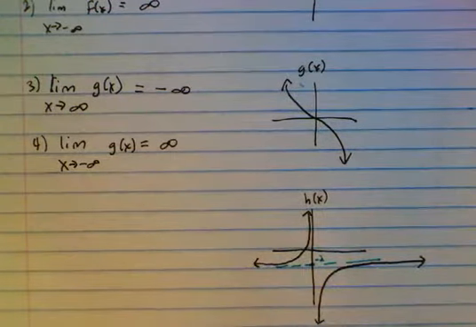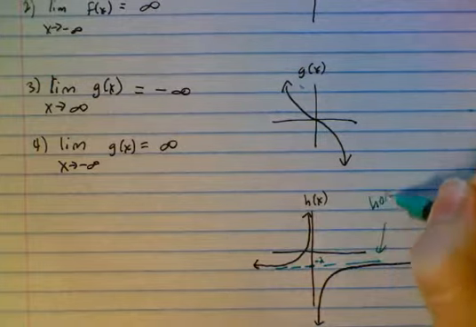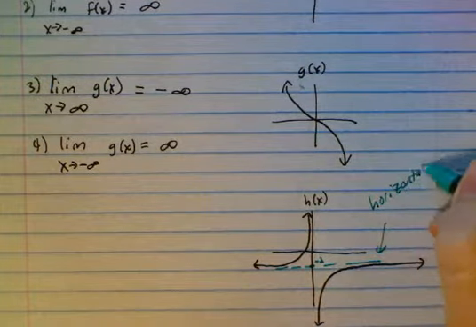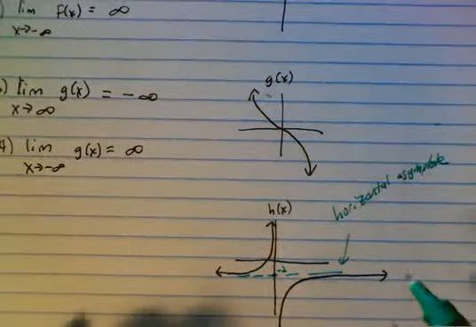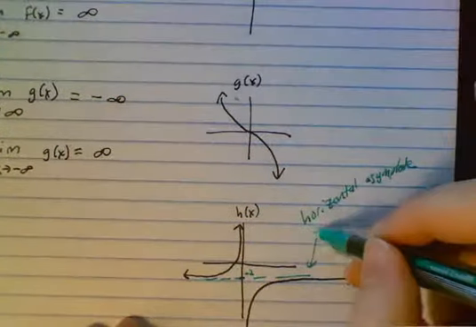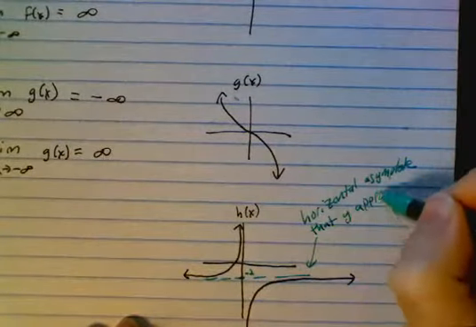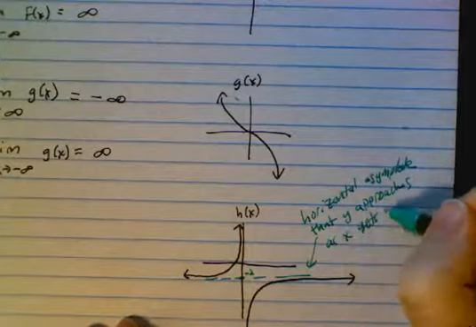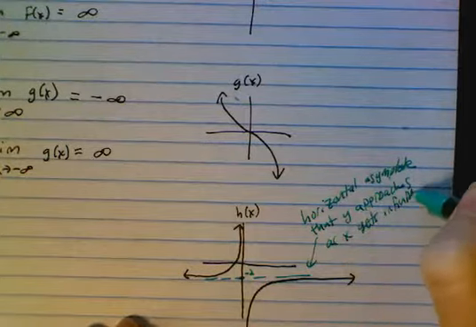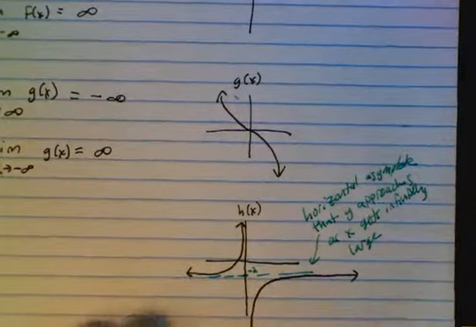And what happens there is that we have what's called a horizontal asymptote. And this is what y approaches as x gets infinitely large.